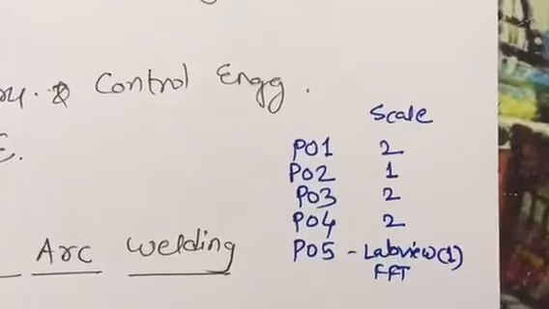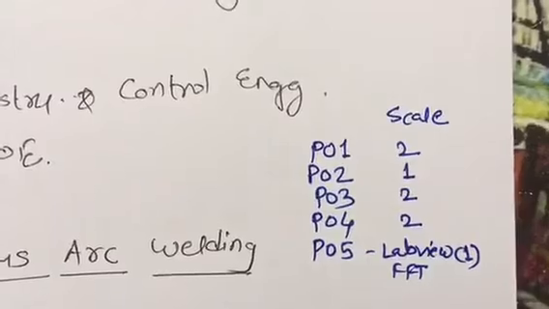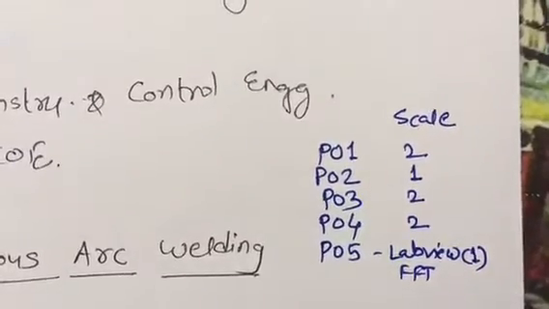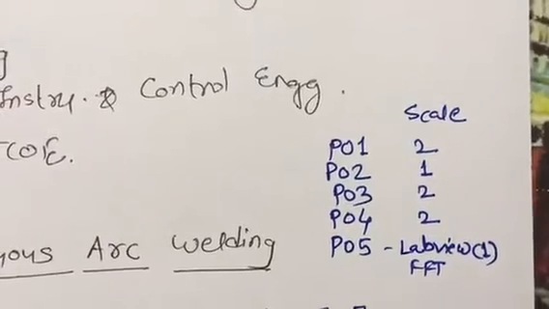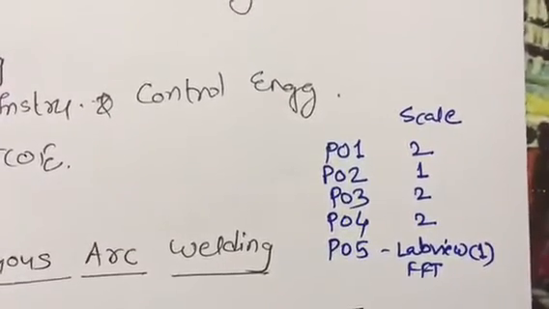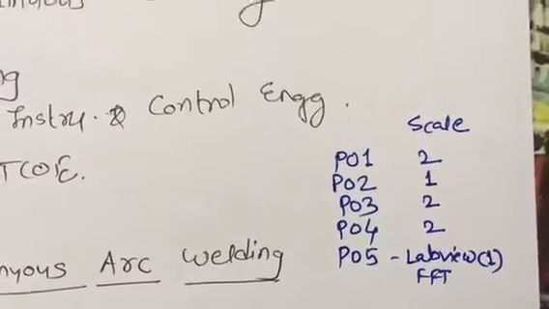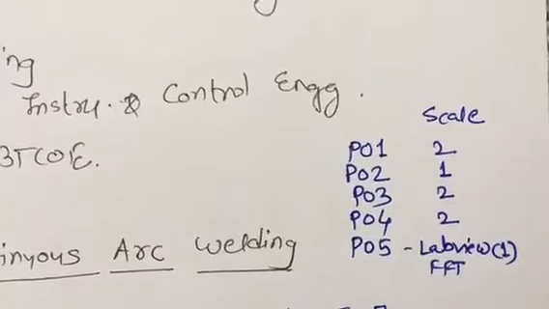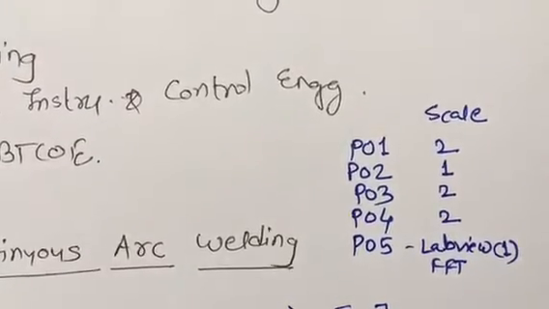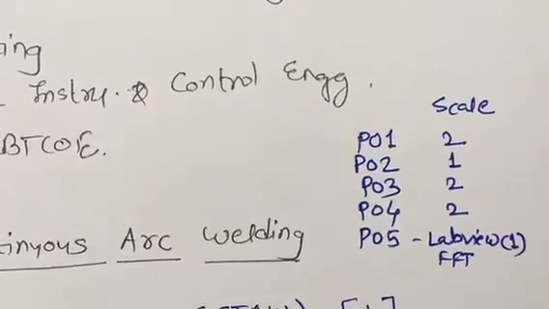PO5 means that the modern tools which are used in this particular application are LabVIEW and fast Fourier transform as well. We know that the scales are associated on 1 to 3, where 1 represents poorly explored program outcome, 2 represents moderately explored PO, and 3 represents exceedingly well explored PO.